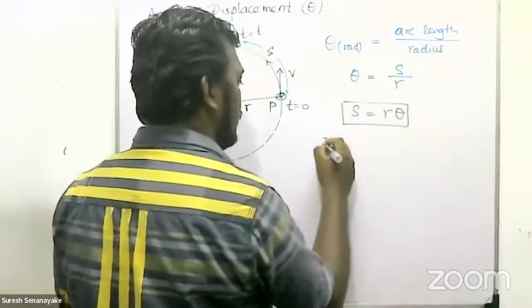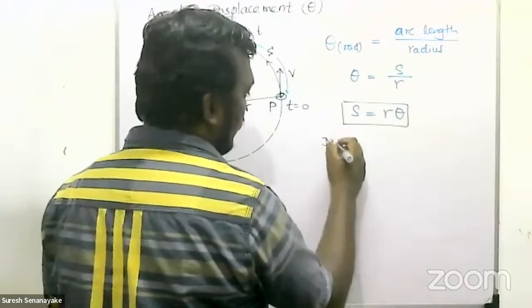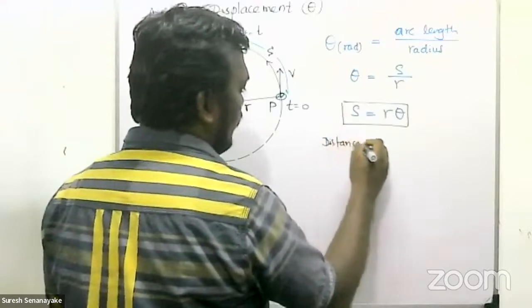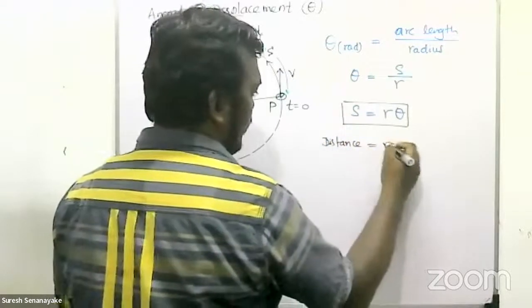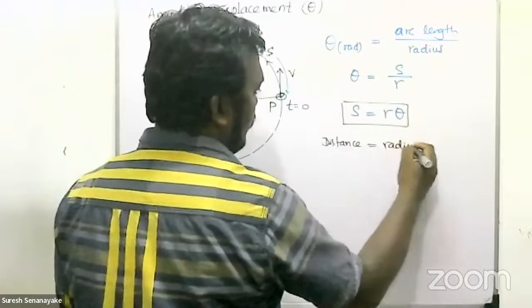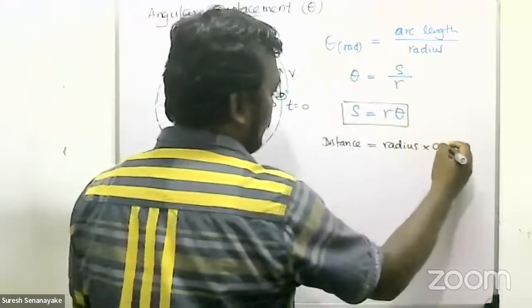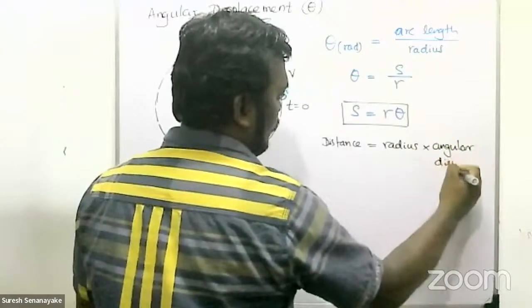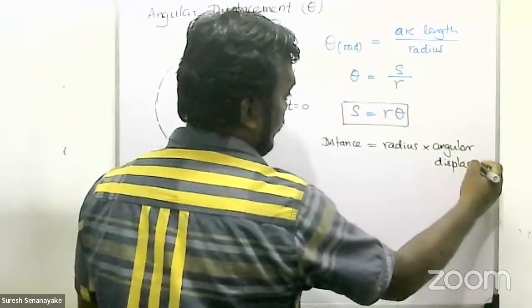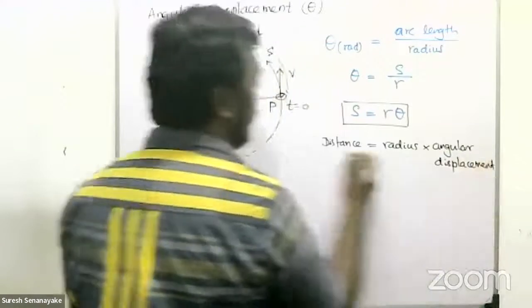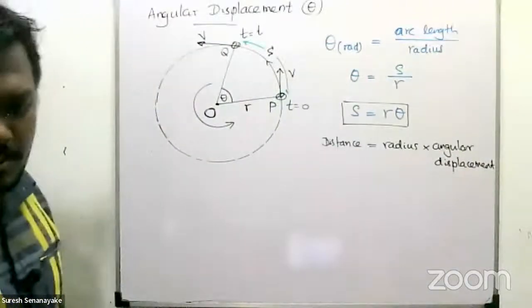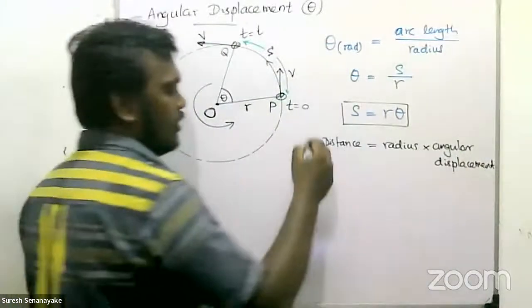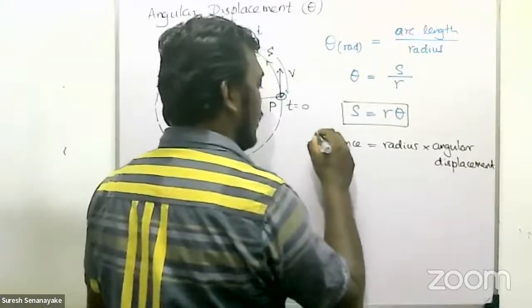So that means the linear distance traveled equals the radius multiplied by the angular displacement. Keep this in mind, this is not the displacement, right? It is distance, the distance traveled.